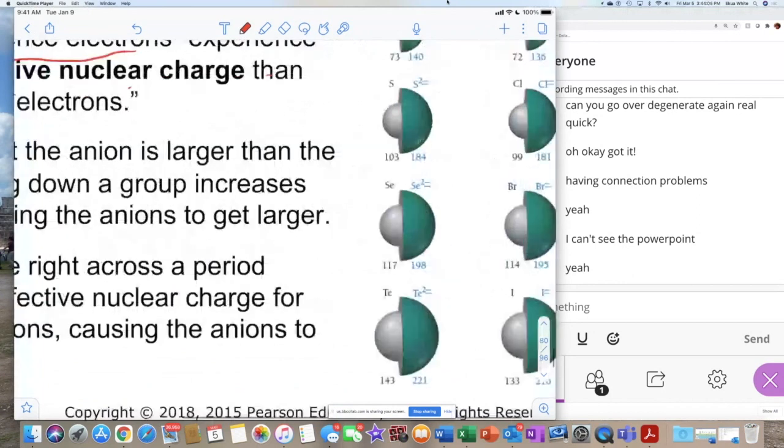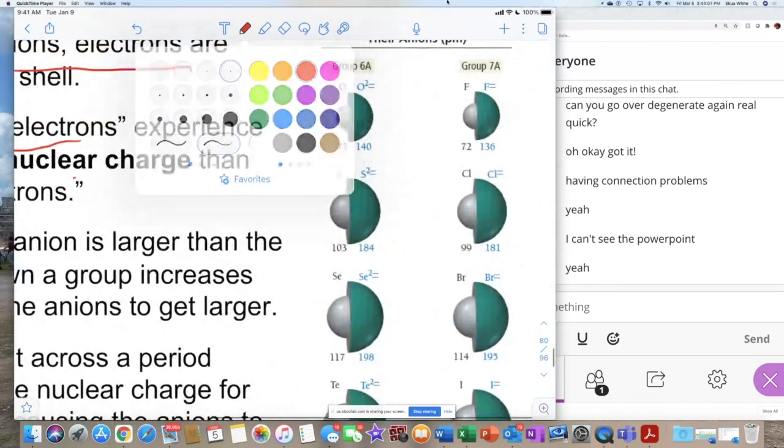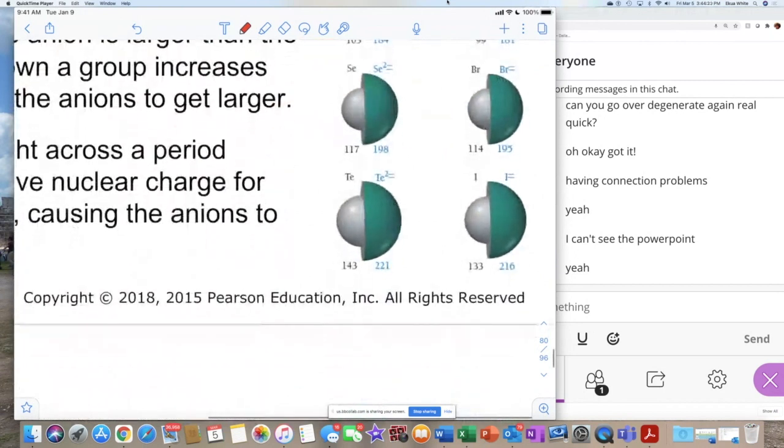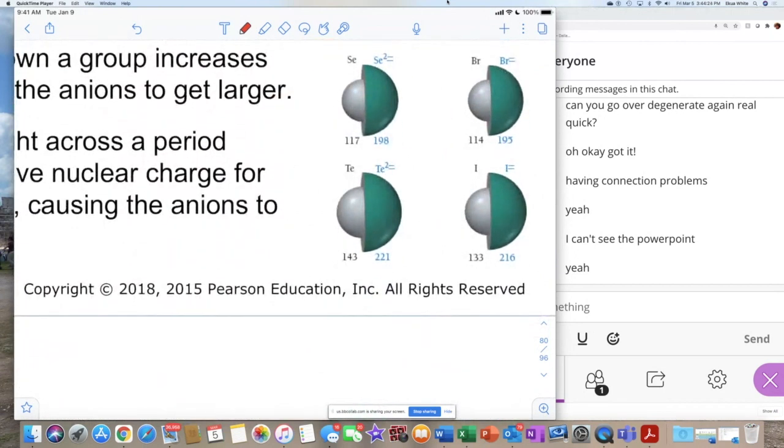Yeah, in this picture here, all the atoms are on the left, my bad. That's the atom on the left, and this is the anion, right? The negative ion, anion. So you can see here in general, the anion is larger than the atom. So you have the atom smaller than the anion.